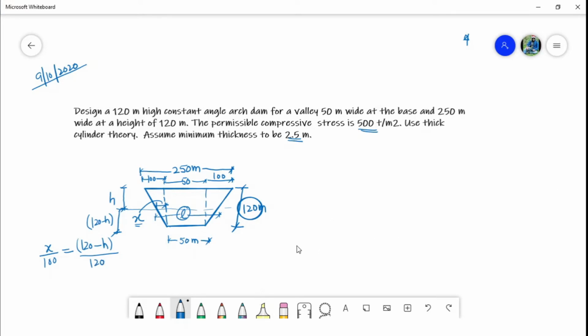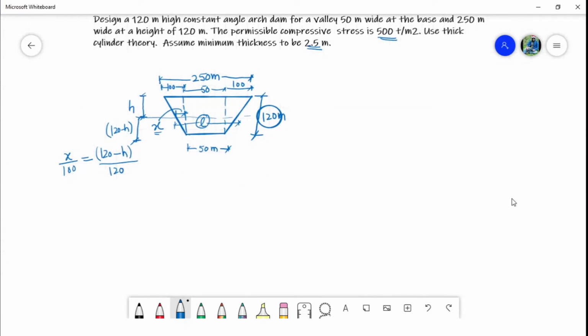So x will be 100 times (120 minus h) over 120. This will be 10 over 12, or further we can say 5 by 6.